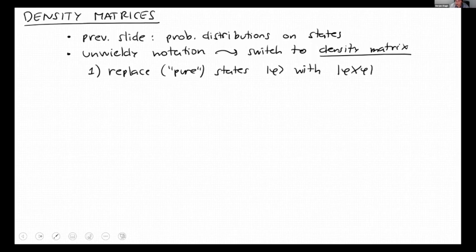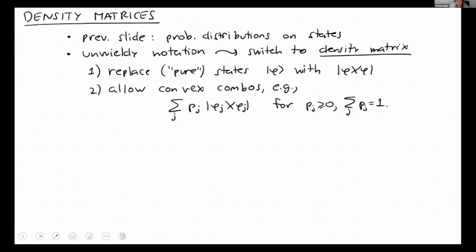So we're going to replace pure states with their outer products with themselves. So now these states are represented by matrices. And then we're going to allow you to take convex combinations of those states, probabilistic combinations. And this is going to be the new allowed state space.